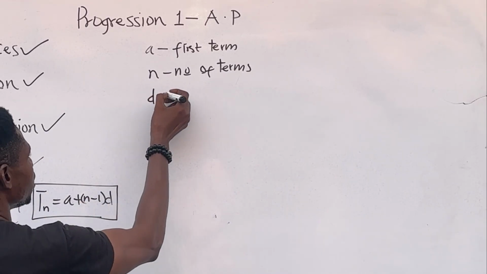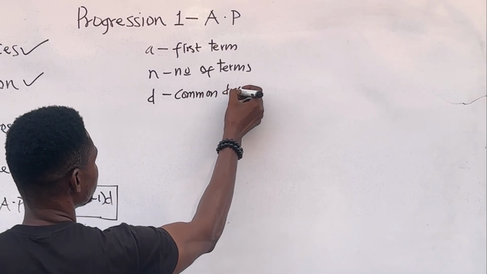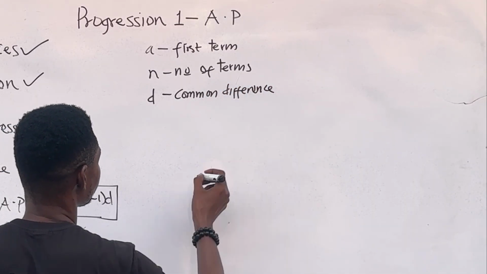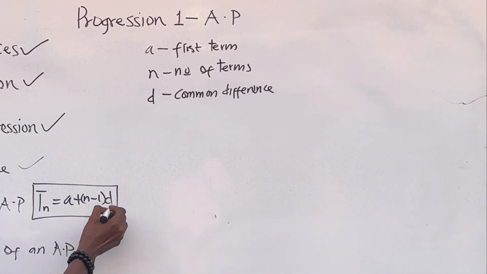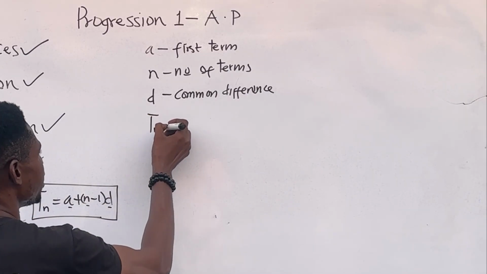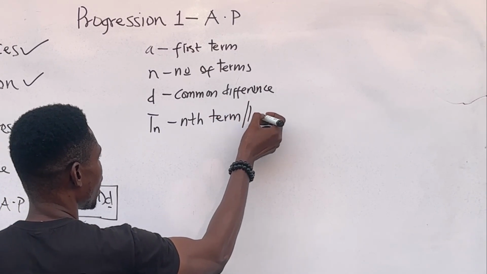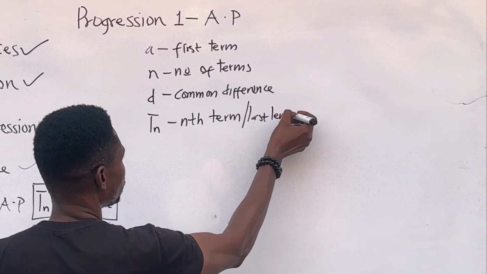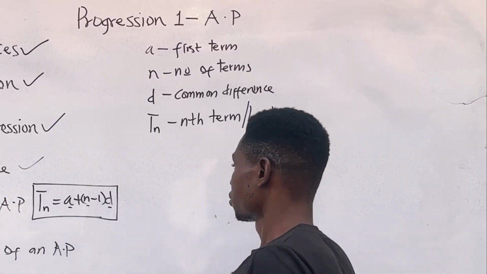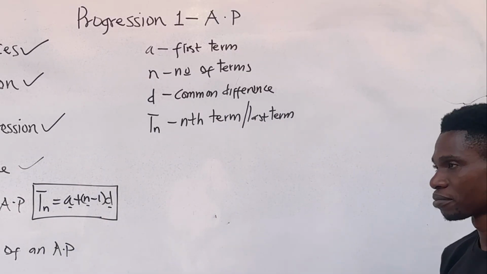Now D is obviously the common difference. So we have looked at D, n, and A. So it remains Tn. So Tn now is the nth term or the last term.